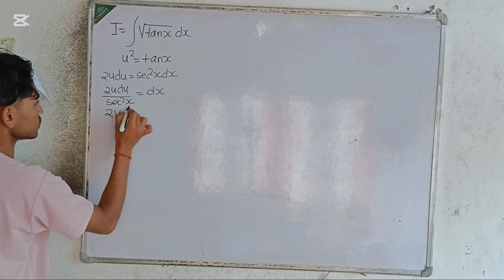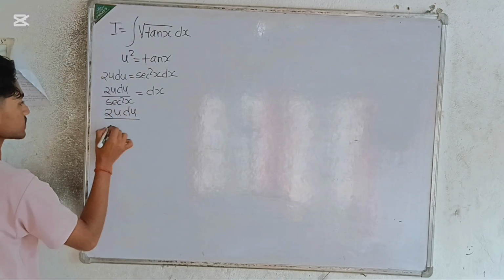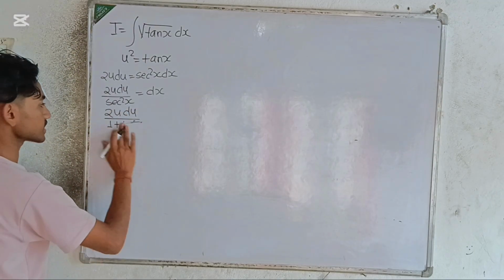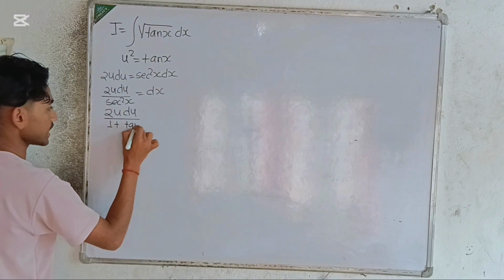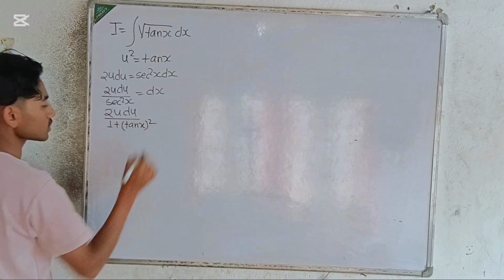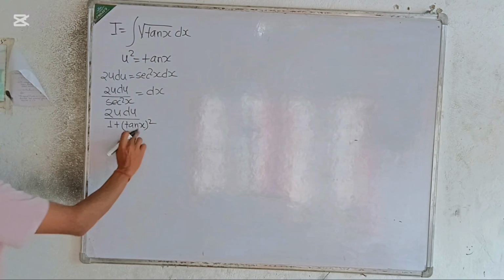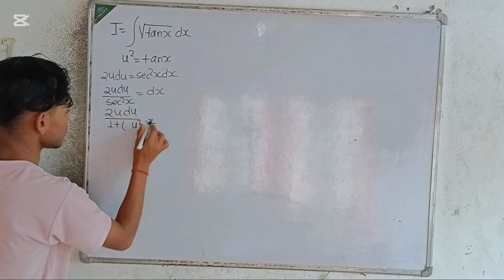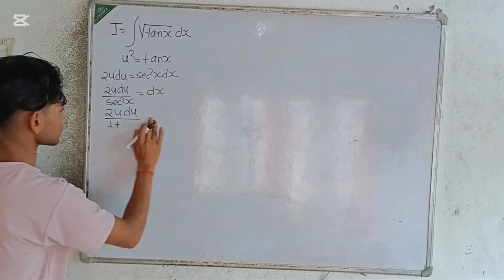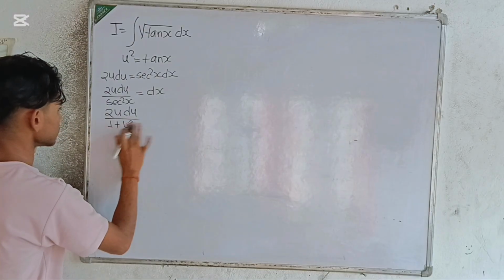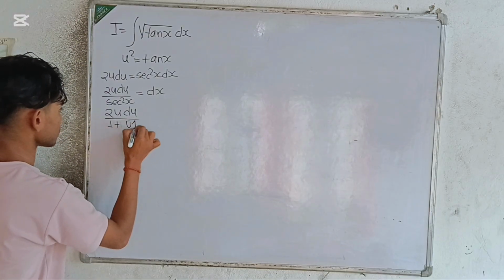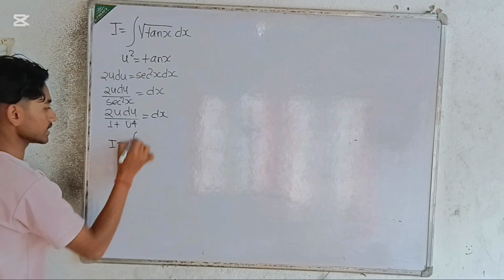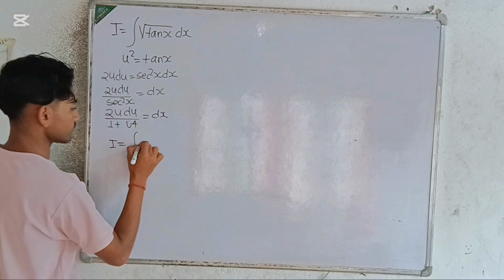In terms of secant square x we can write 1 plus tan square x, and in terms of tan x we have u squared, so we write 1 plus u squared, and we get this as 1 plus u to the fourth, which is our dx.